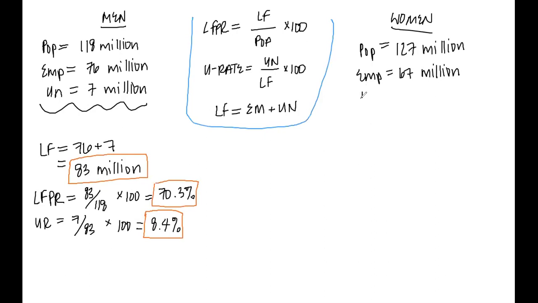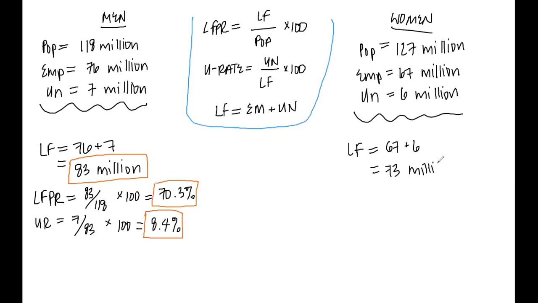And the unemployment is 6 million. Again, I can solve for the labor force by adding those last two together: 67 million plus 6 million gets us 73 million in the total labor force for women.